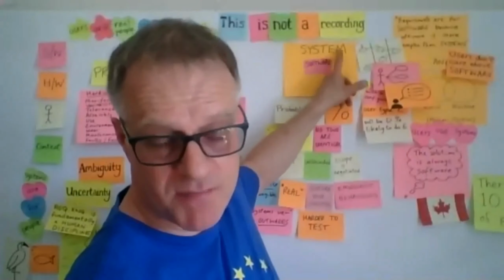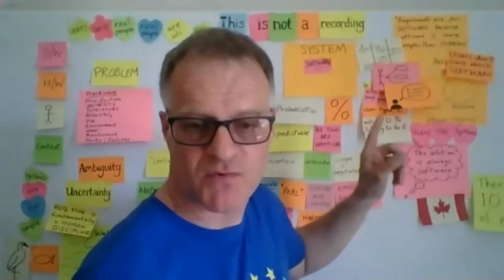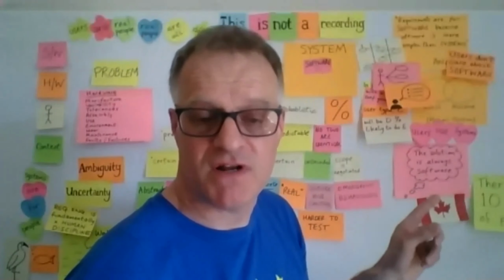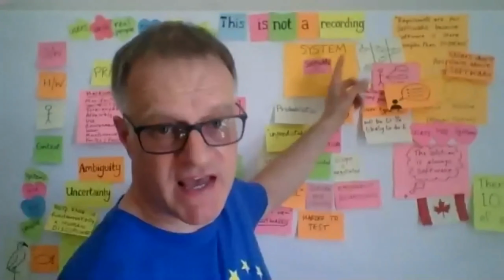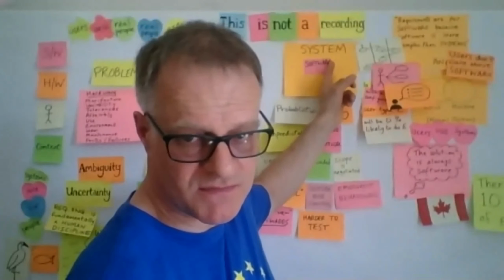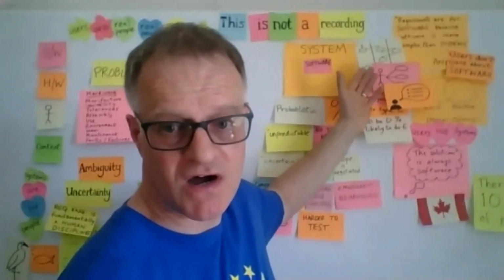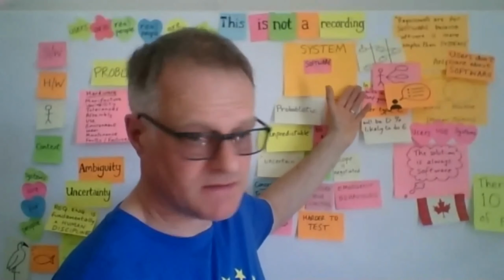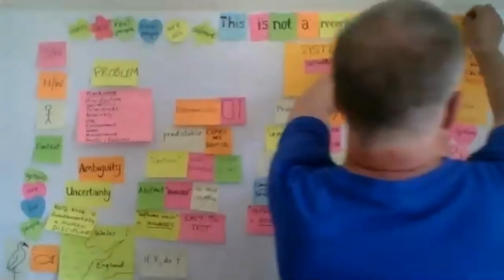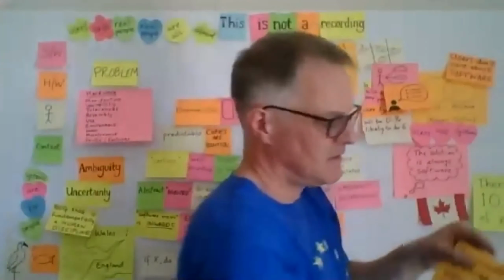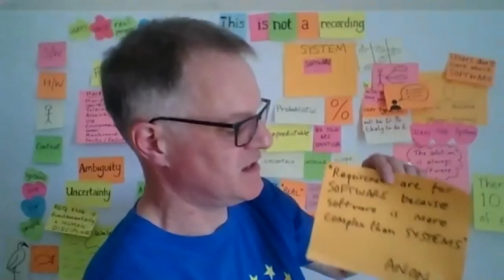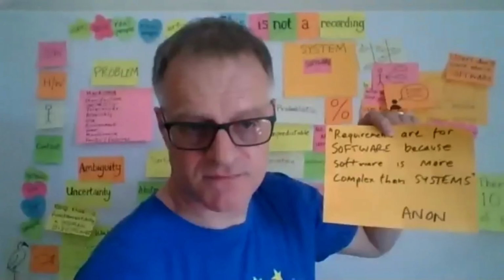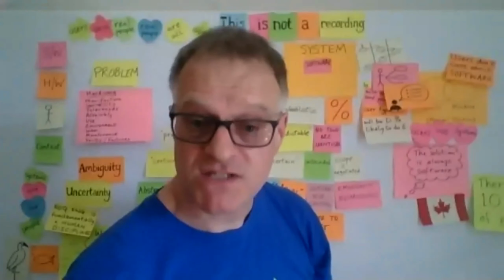So I would say that if your notion is that software is inherently more complex than systems, and yet software is a part of a contained system, then by definition, systems are more complex than software. So requirements are for software because software is more complex than systems. That's a load of rubbish.